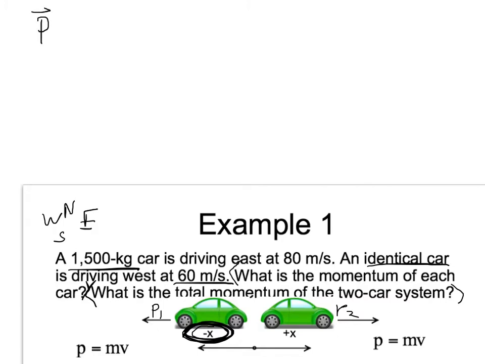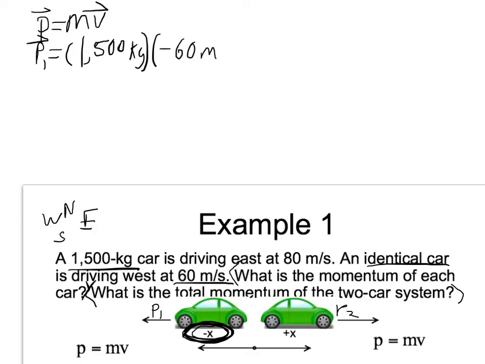Therefore, the momentum vector equals mass times the velocity vector. So the momentum of car 1 is the mass of car 1, 1,500 kilograms, and here we're using negative and positive to indicate our direction, times negative 60 meters per second. Just offhand, I think that should be negative 90,000 kilogram meters per second.